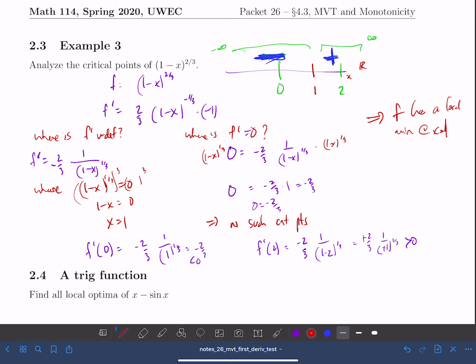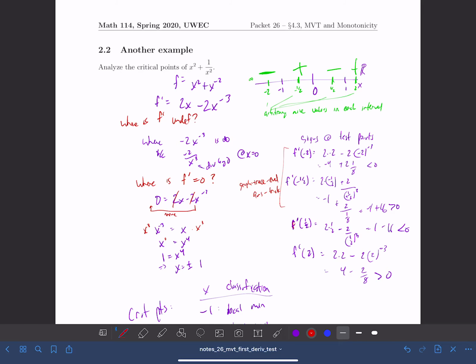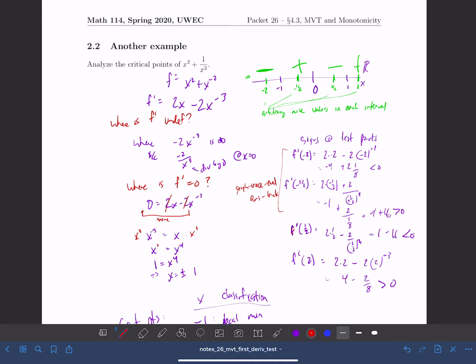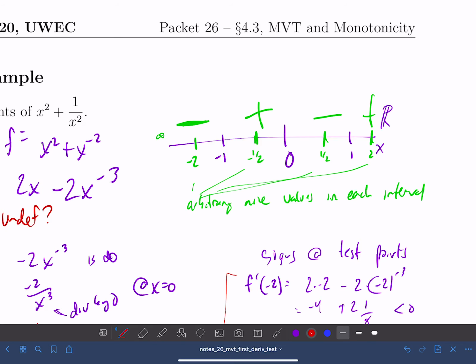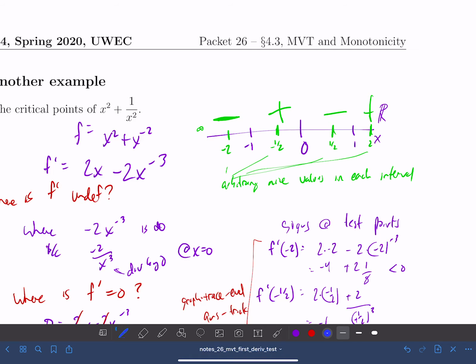I think I want to go back to the previous problem because I think I made a mistake. I think my classification is wrong. And the reason is that I'm going to inspect what's going on right here in this previous problem.